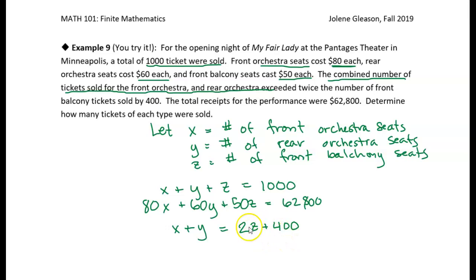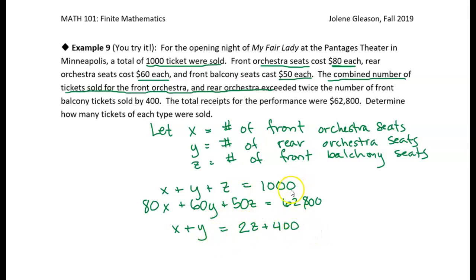If we add 400 to twice the balcony seats, we get the combined number of front and rear orchestra seats. All right, that's the tough part. Now it's just a matter of setting up the Gauss-Jordan, setting up the augmented matrices. We need to take these equations and set up the augmented matrices.